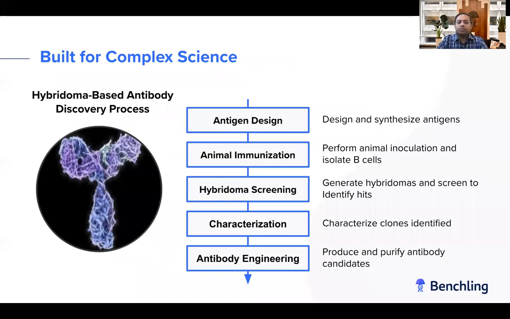So, what does it mean to be built for complex science? There has to be alignment between experimental workflow and the way that the underlying biological entities and samples are modeled.